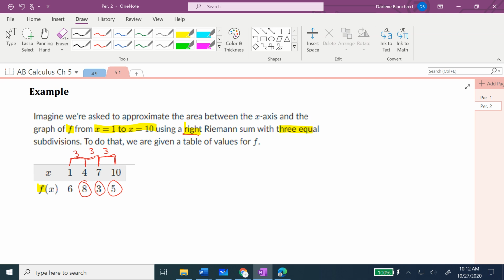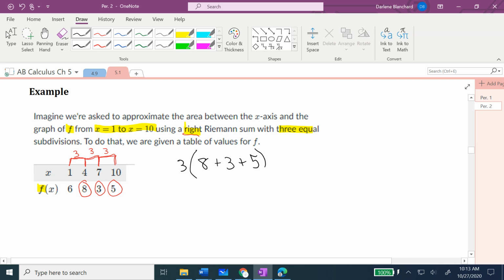so what you're going to do is write down either individually 3 times plus 3 times plus 3 times, or you can factor the 3 out and just write those numbers.